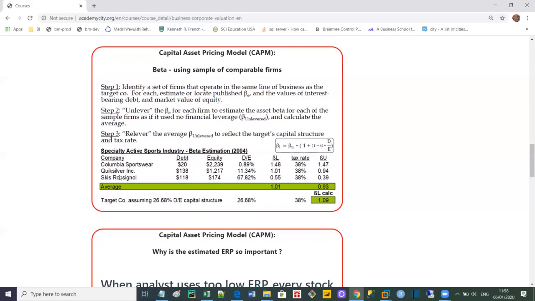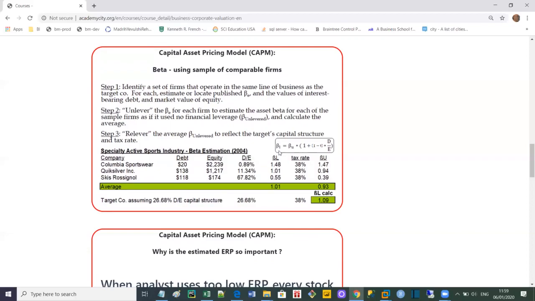Let's assume you already arrived and you got 3 comparable companies to the company we are trying to estimate the beta for. You learn in finance that there is a relationship between a leveraged beta and an unleveraged beta. Unleveraged beta refers to the beta of a company that doesn't have any debt. And if the company has debt, the beta will be higher.